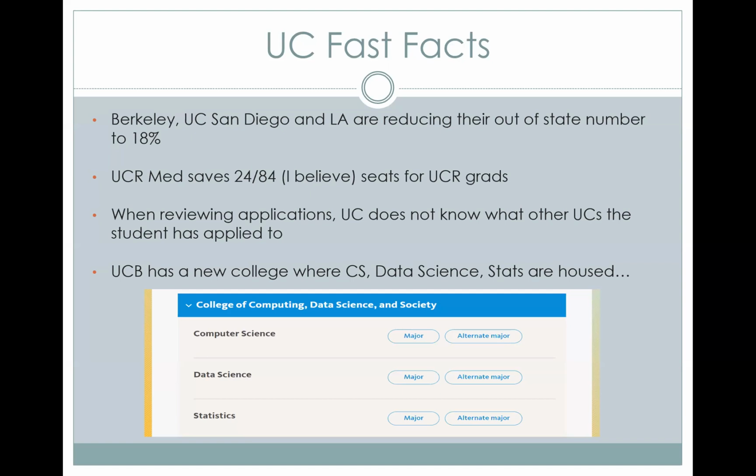But I find it mind-blowing that in spite of legislation, only 3 of the 9 campuses are planning on reducing their out-of-state number to this number. It was something that was said in passing, so perhaps I need to do a little bit of research on it before sounding the alarm.